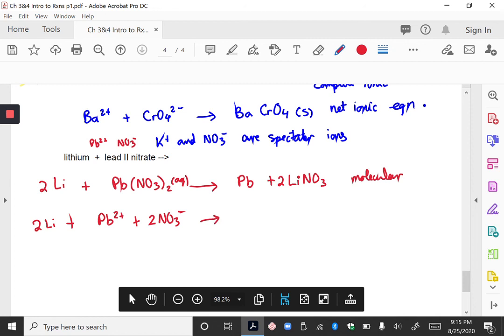On the other side, this is just lead, a solid metallic piece of lead, so there are no ions to dissociate here, so it's just Pb. And then this one is aqueous, so I can split it up, get 2 Li+ and 2 NO3-, and this is complete ionic.